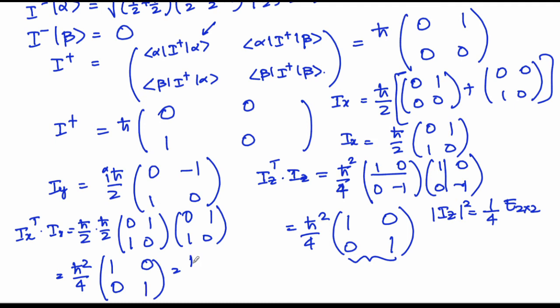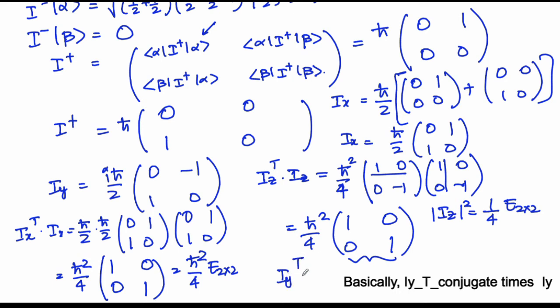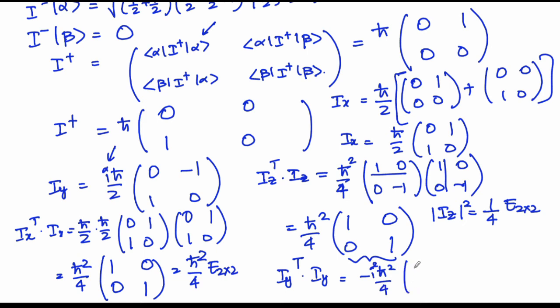So this is also H cross square by 4 times the 2 by 2 identity. You have to be careful when you take Iy transpose times Iy because you have to take the complex conjugate as well. So you're going to get minus i square H cross square by 4 times 1 0 0 1, which will once again be H cross square by 4.